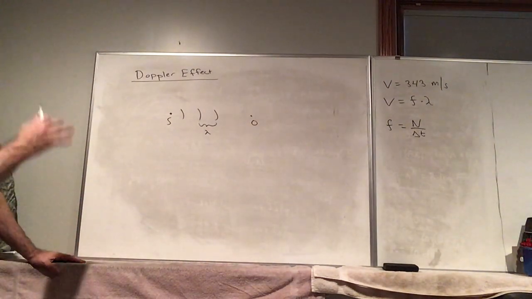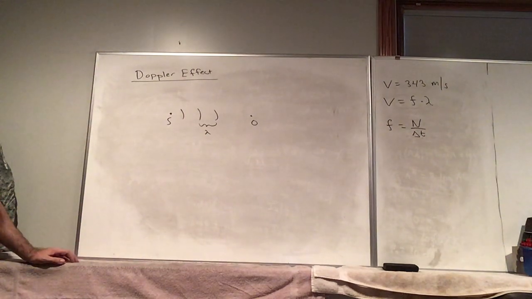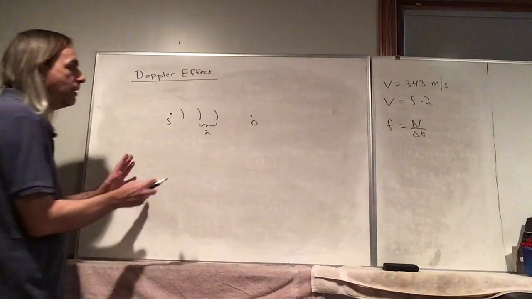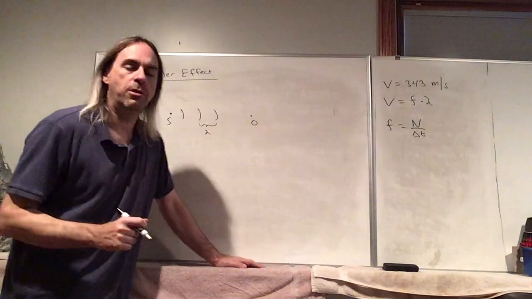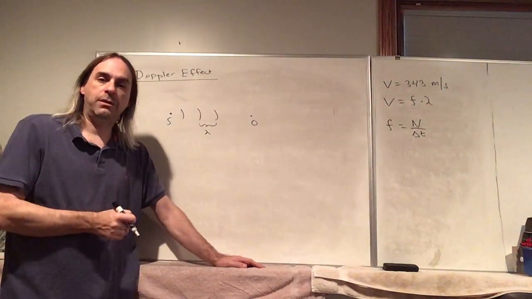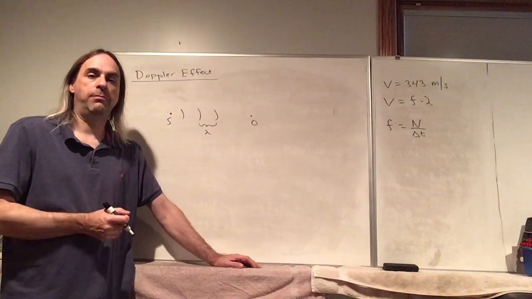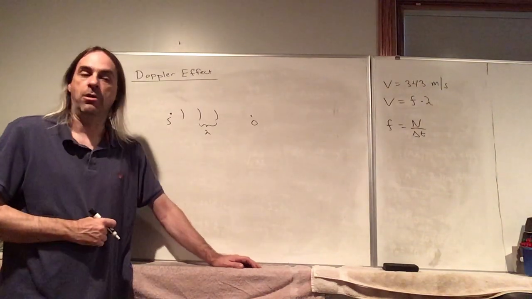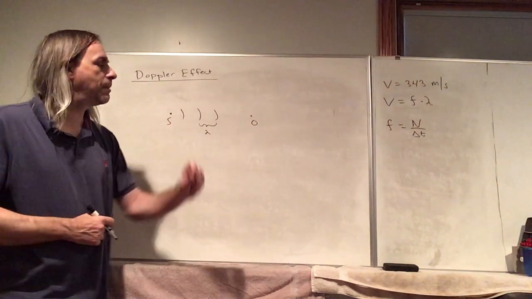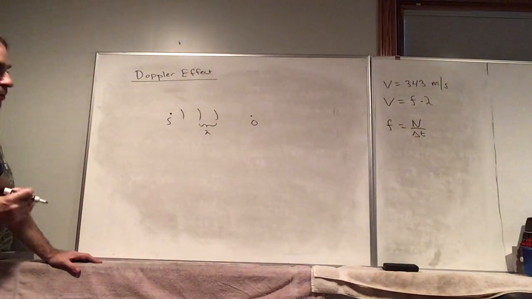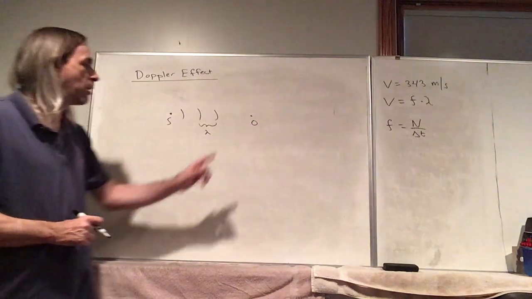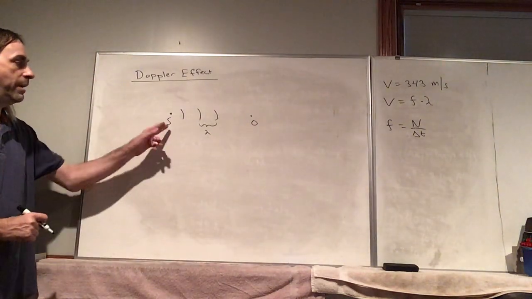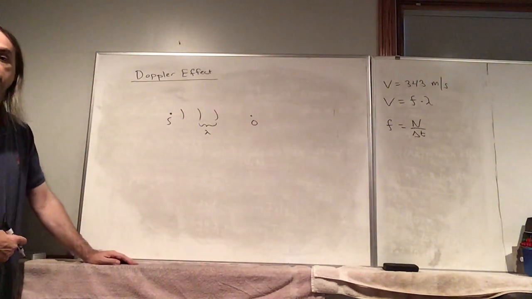Now, for the Doppler effect, let's say that the source and the observer are both at rest with respect to the air, because the sound waves are moving through the air. Then the frequency that the observer detects would be the frequency of the source.